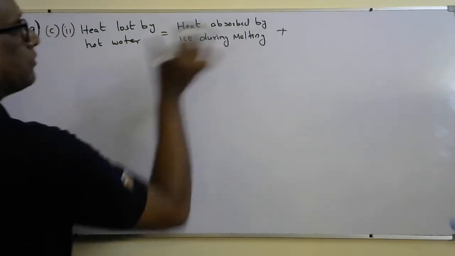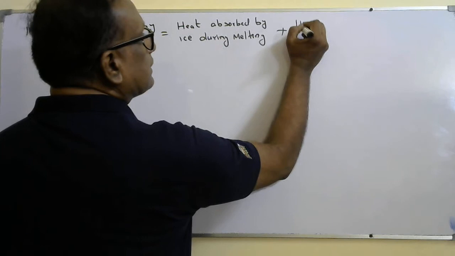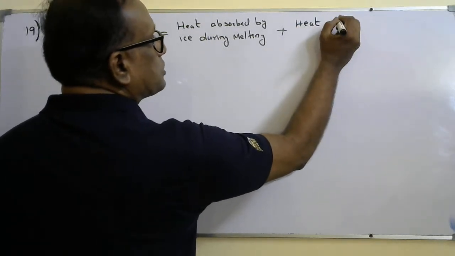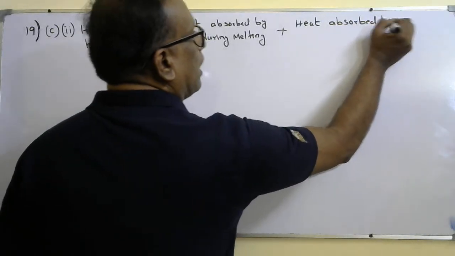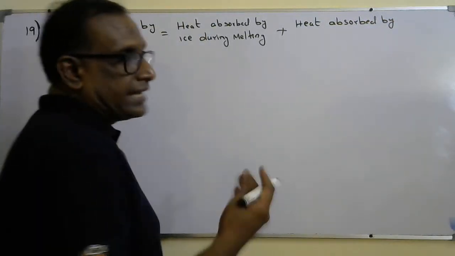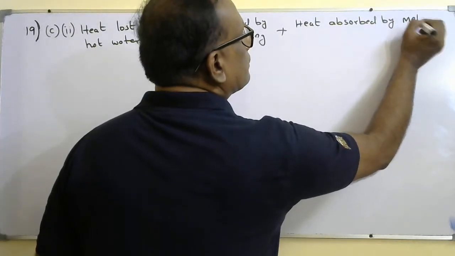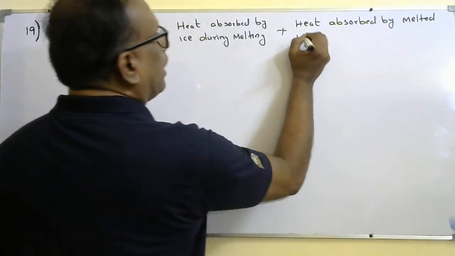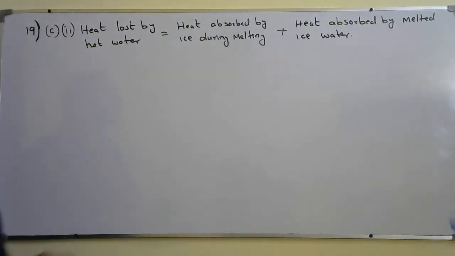Now it has become water at 0 degrees Celsius. Then it's going to absorb heat, heat absorbed by melted ice. So ice has melted fully and has become water, melted ice water, to increase to the final temperature.